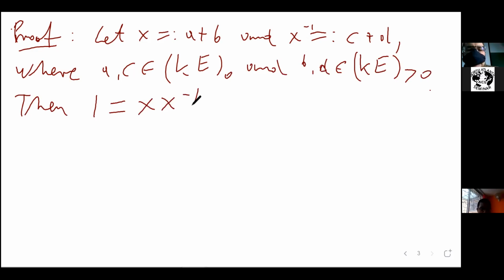And when you calculate it, you will have A plus B times C plus D. But because the arrow ideal is an ideal, this product belongs to the following set. It belongs to A times C plus the arrow ideal, because the 3 other terms must be in the arrow ideal.